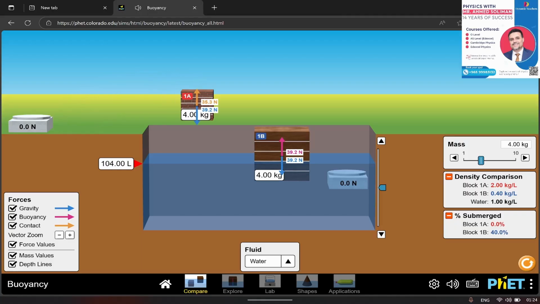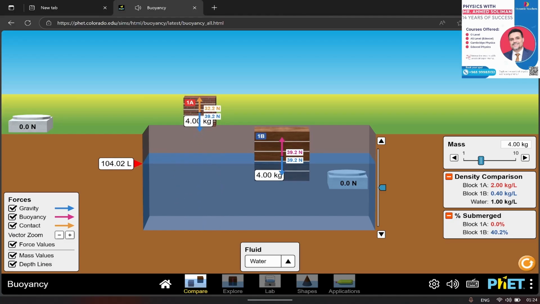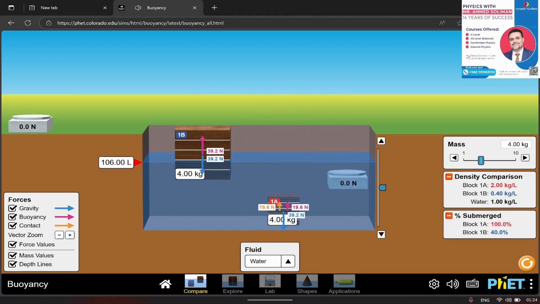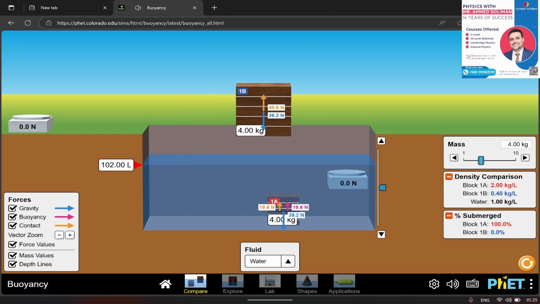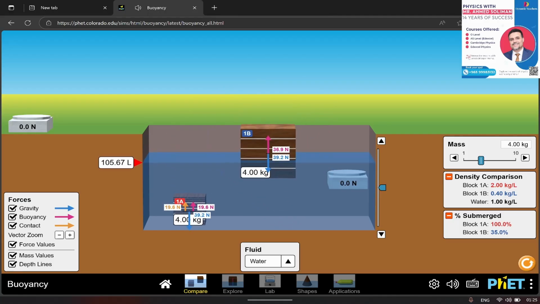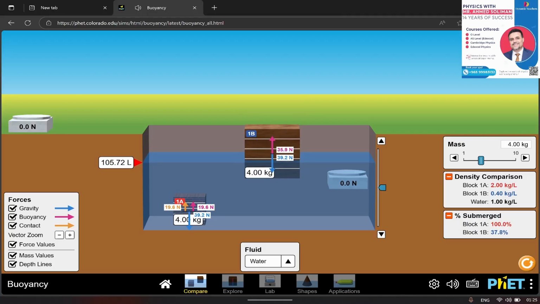So as you see, for object A we have a greater density, and for object B we have a lower density. So what is the relationship between density and volume? Inversely proportional. Greater volume, lower density, if the mass is fixed.